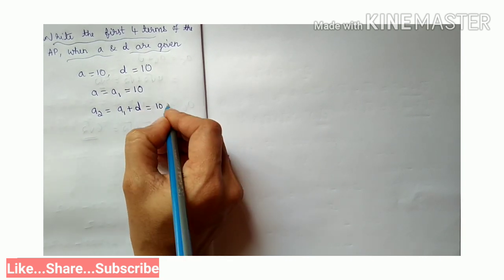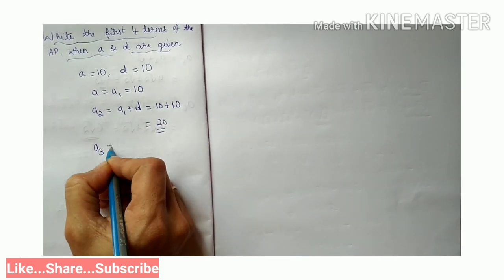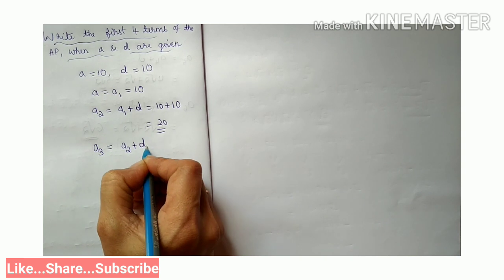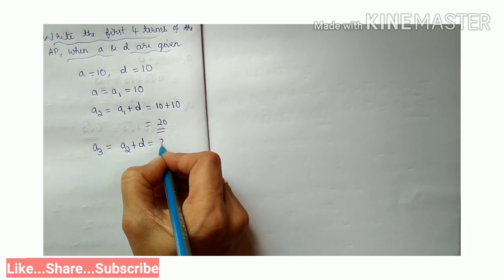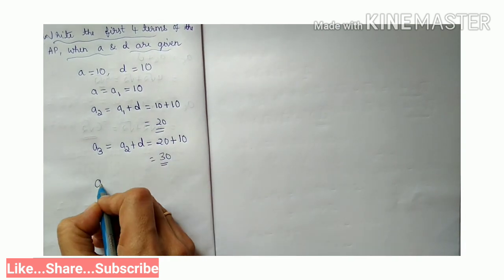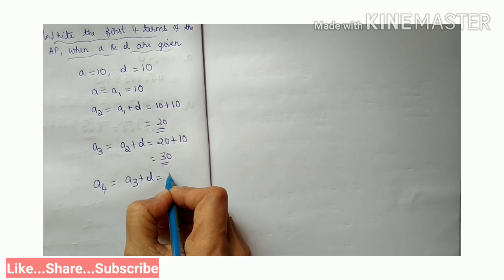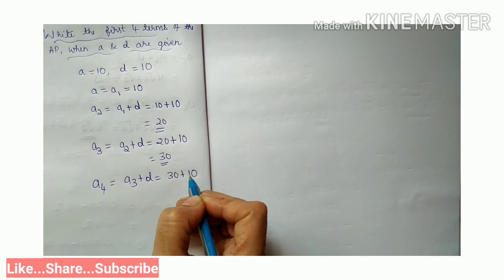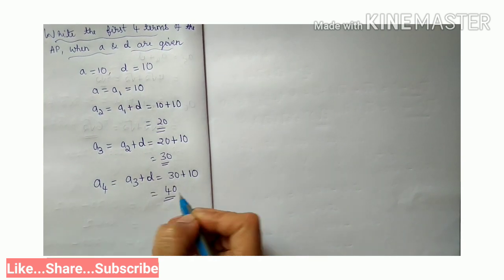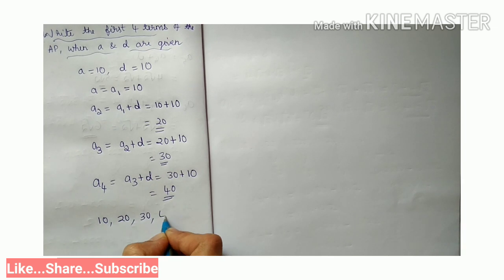A2 is A1 plus common difference, 10 plus 10, therefore 20. A3 is A2 plus common difference, 20 plus 10, 30. A4 is A3 plus common difference, 30 plus 10, therefore 40. First four terms: 10, 20, 30, 40.